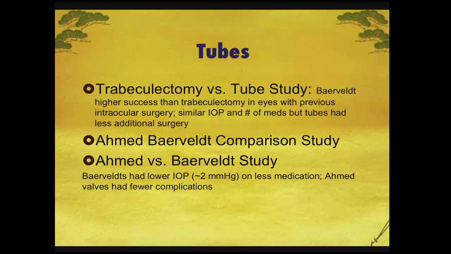At the end of the study, both trab and tube eyes were on a similar number of medications, and they had a similar pressure, but the trabs had to go back for additional surgery, so that's why they failed at a higher rate, because there was something else that they needed to have done, whereas the tubes, once they had their one surgery, that was it.